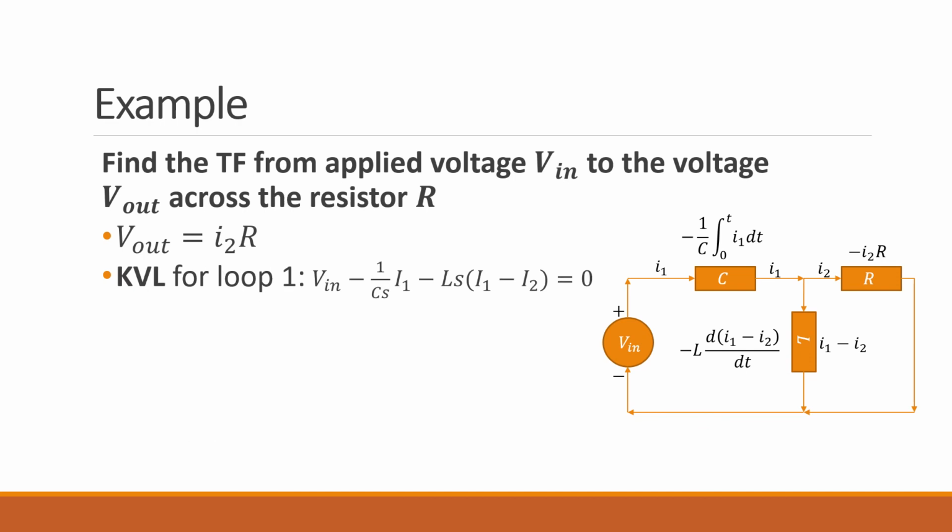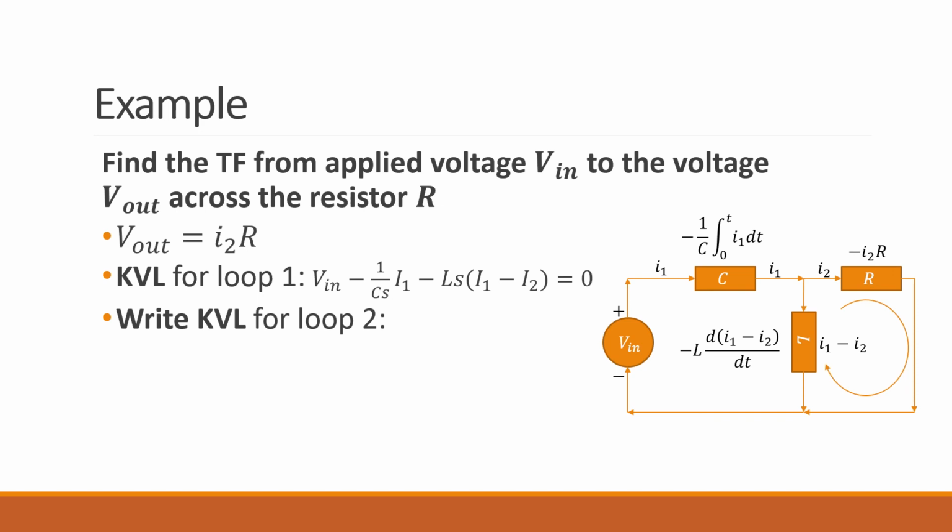We can similarly write KVL for the second loop as shown. Let's start from the left of the resistor. As we move right, the voltage decreases by I2 times R, and hence the negative sign, but as we move in the counterclockwise direction of the loop, we'll have to move up the inductor.